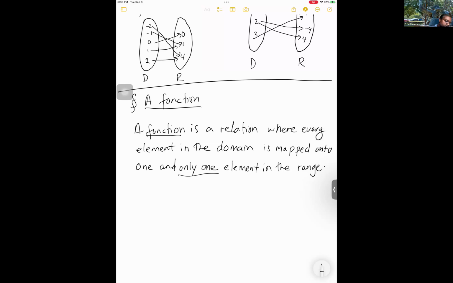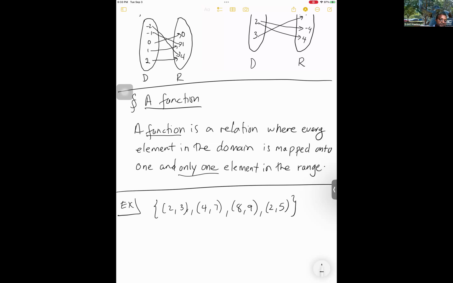So, for example, if I have this ordered set right here, (2, 3), (4, 7), (8, 9), and then (2, 5) right here. Is this a function?